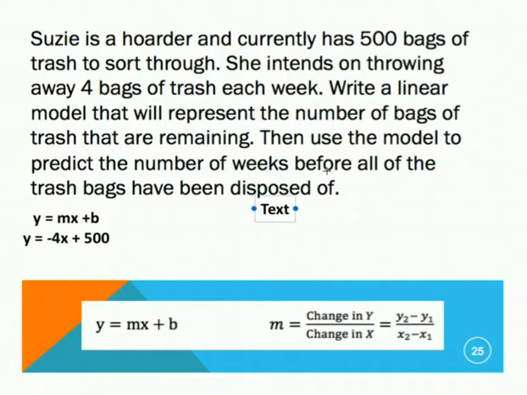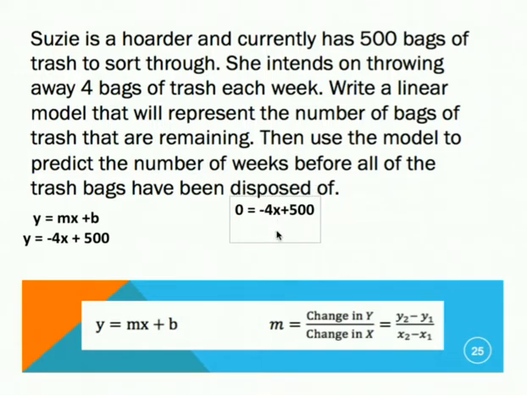And then in order to answer the other question, it asks us to use the model to predict the number of weeks before all of the trash bags have been disposed of. So what that tells me is that I want a value of 0 for y. So I want no trash bags left. So I'm going to have 0 equals negative 4x plus 500. And then I'm going to solve this by subtracting 500 from both sides.